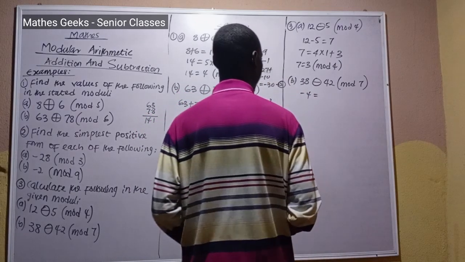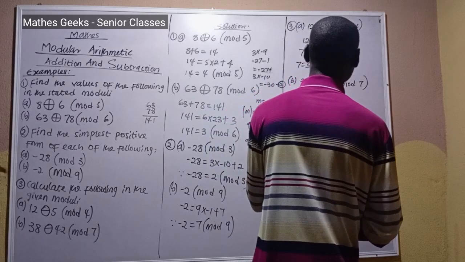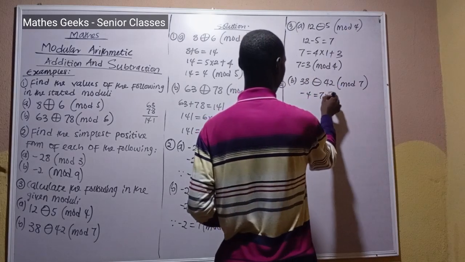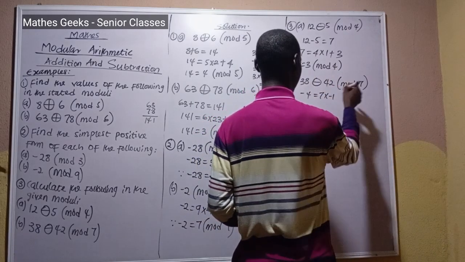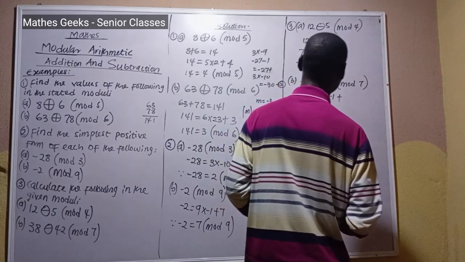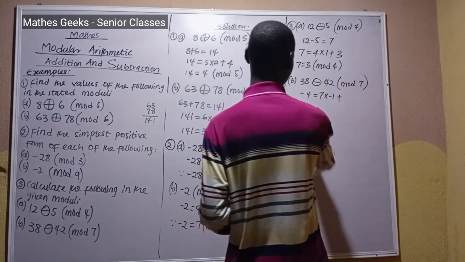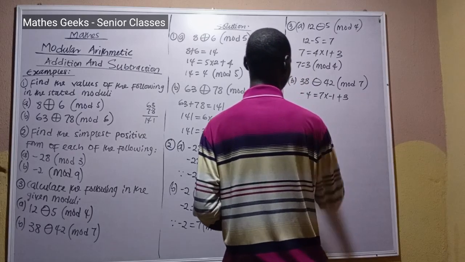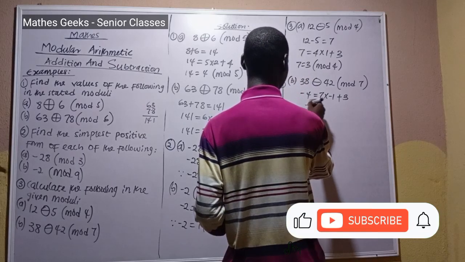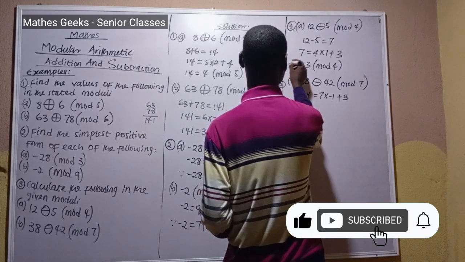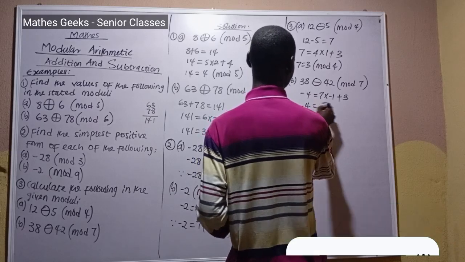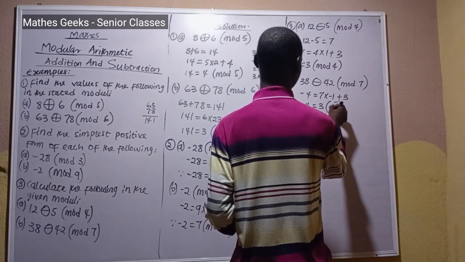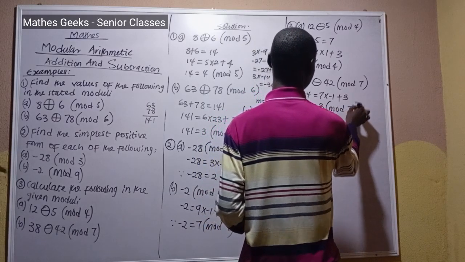So in mod 7, 7 times minus 1 will give us minus 7. What do we add to minus 7 to give us minus 4? Minus 7 plus 3 will give us minus 4. And so, therefore, minus 4 is equal to 3 in mod 7.